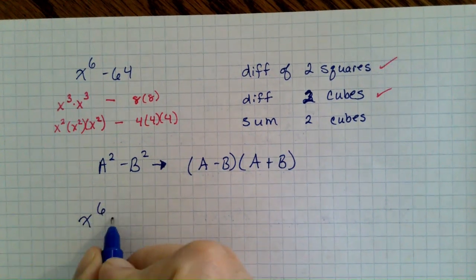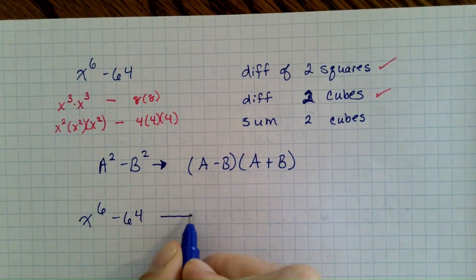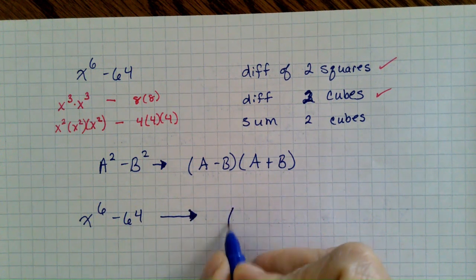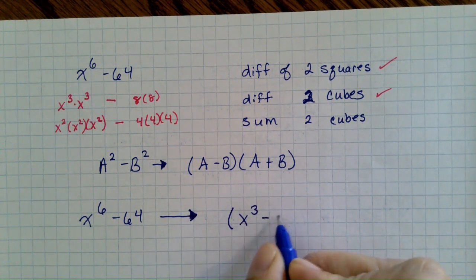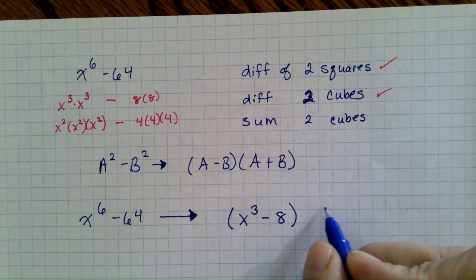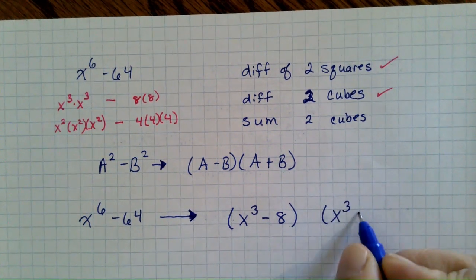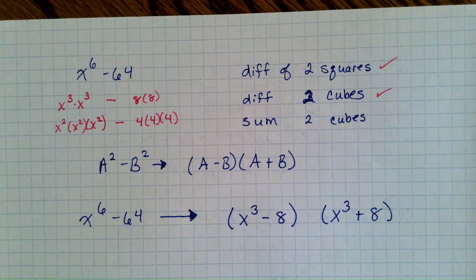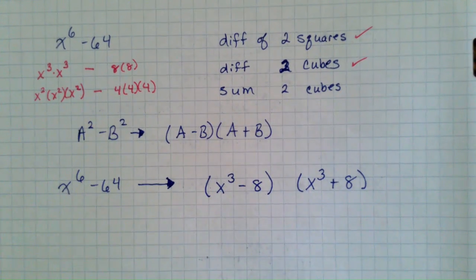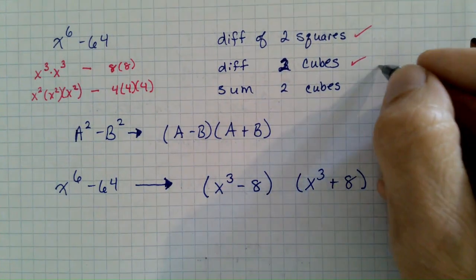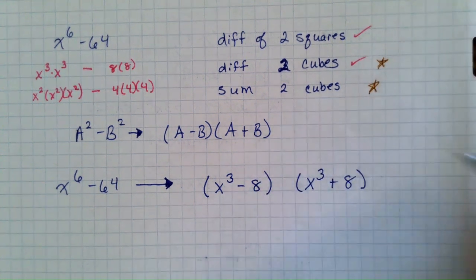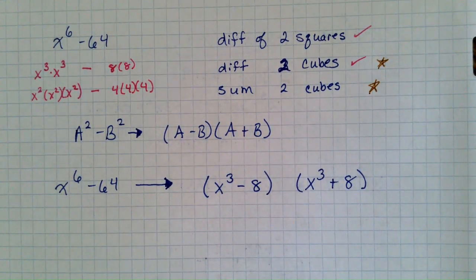So x to the 6th minus 64 is going to go to x to the 3rd minus 8 being multiplied by x to the 3rd plus 8. Now we have a difference of two cubes and a sum of two cubes. So we're going to need to do both of those boxes.